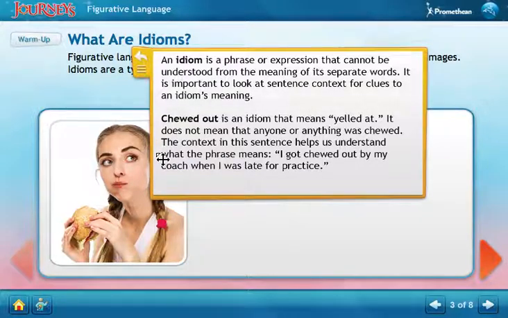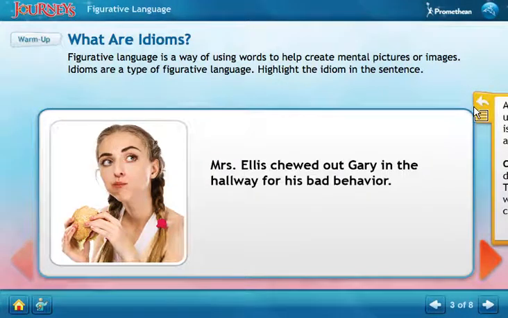"I got chewed out by my coach when I was late for practice." So you know his coach was not happy with him for being late for practice, and so he probably got yelled at. The same thing in this example: Mrs. Ellis yelled at Gary in the hallway for his bad behavior. He got in trouble.